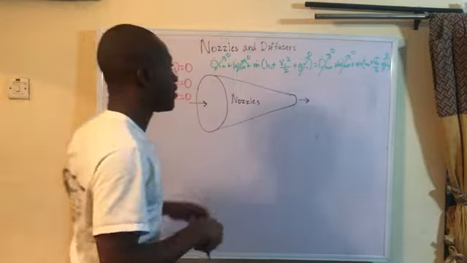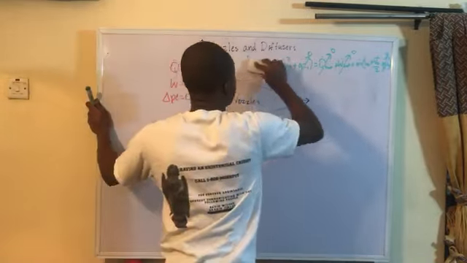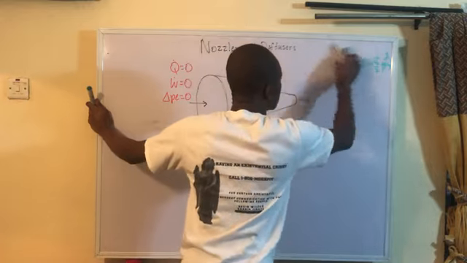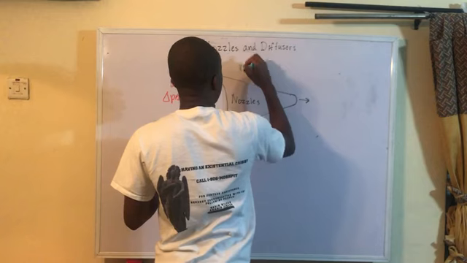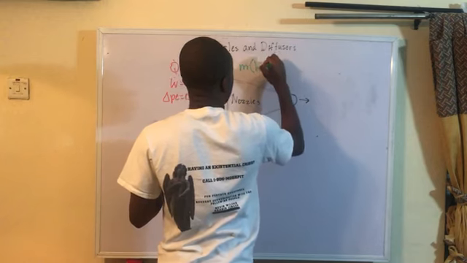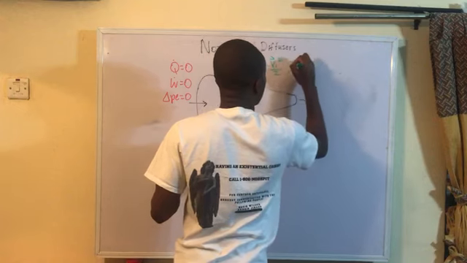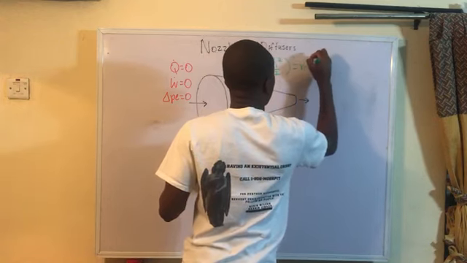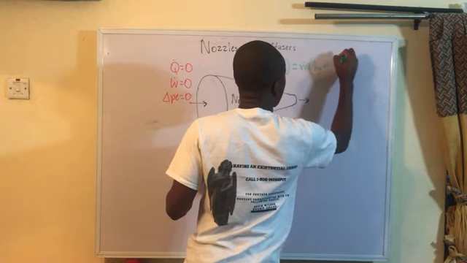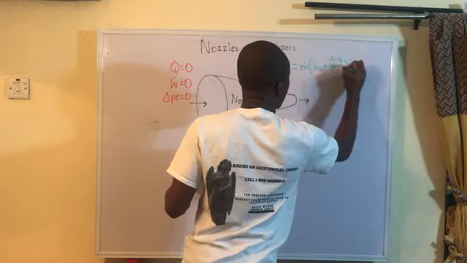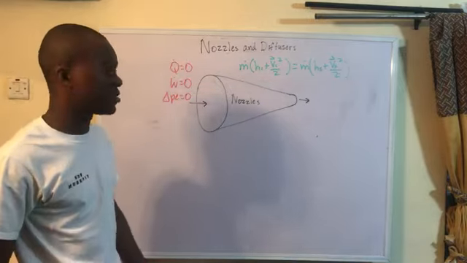So once I cancel all of that out, I'm left with an equation that ends up looking like this. Right? And this is sort of the general equation you're going to get with nozzles and diffusers.